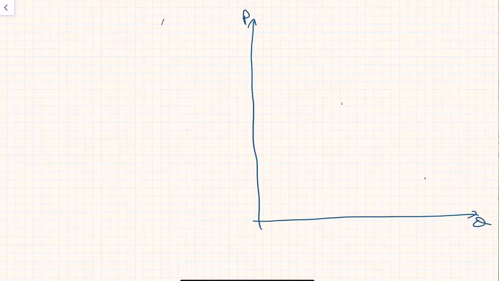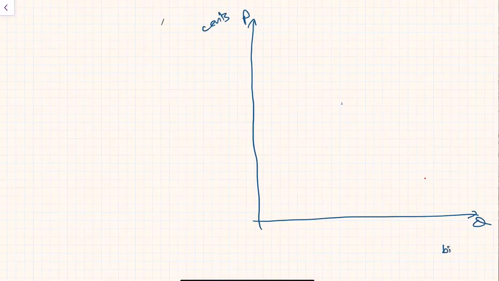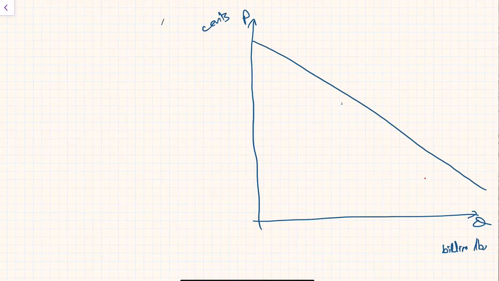So we have our price and quantity axes. The way we've drawn this, price is in cents and our quantity is in billions of pounds. Right? So our demand curve, again, we do not need to know when the demand curve starts. Same with the supply curve.